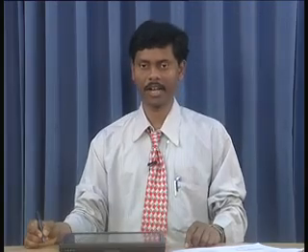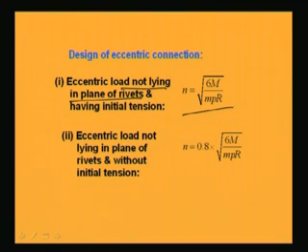Now, for design of eccentric connection when the loads are not lying in the plane of rivets, we have seen earlier also that we can assume this formula that n is equal to root over 6 M by m P R, where M is the moment due to the eccentric load and R is the rivet value and p is the pitch and m is the number of columns in which rivets are placed.